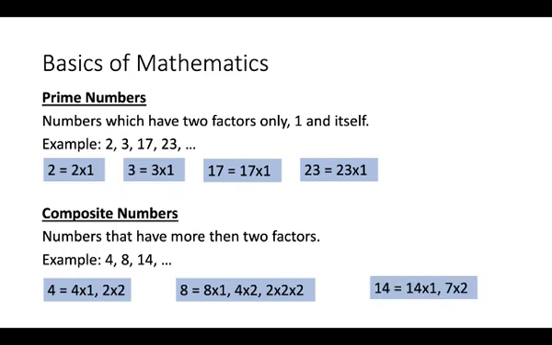Factors of 14: 14 into 1 or 7 into 2. So students, we observe here that every number in the last has prime factors only. This is our fundamental theorem.